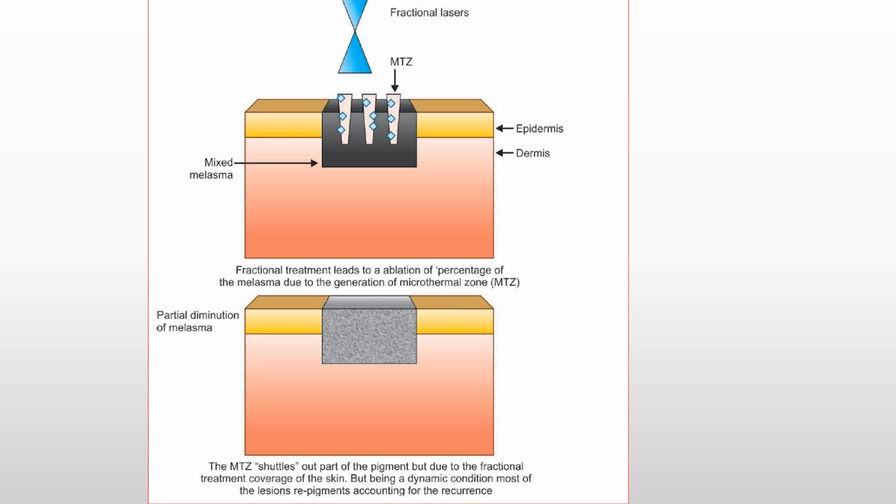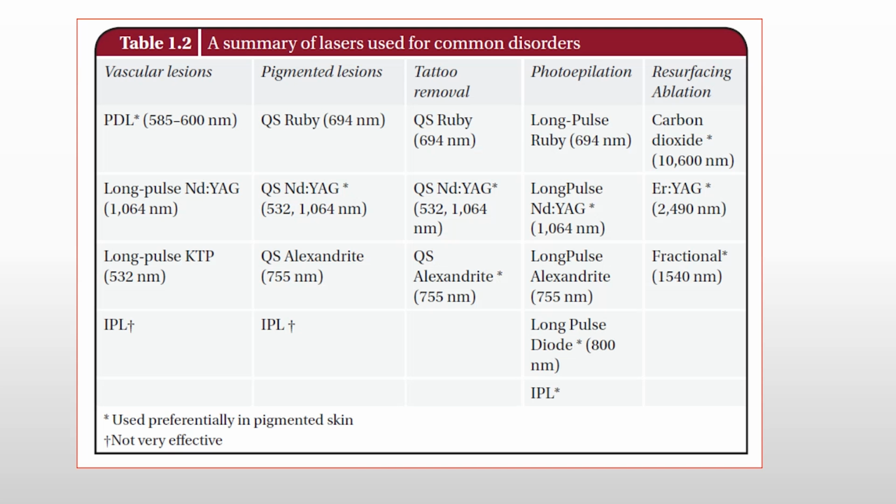A summary of lasers that are used in pigmented skin. Vascular lesions are preferably treated with PDL lasers, pigmented lesions are treated with Q-switched Nd:YAG lasers, and tattoos can also be treated with Q-switched Nd:YAG lasers. Q-switched alexandrite lasers are also used for pigmented lesions and tattoos in darkly pigmented patients.